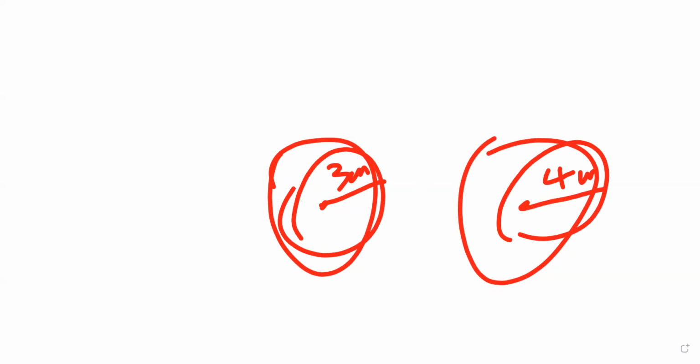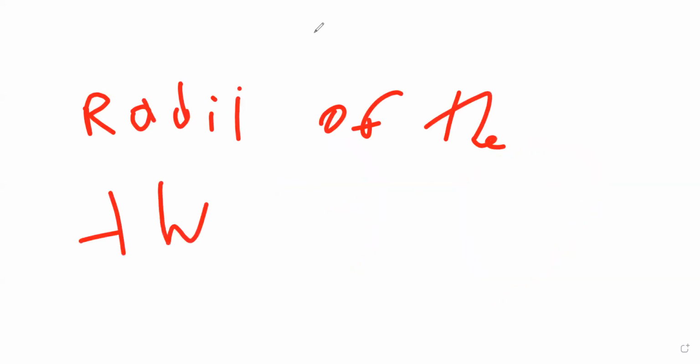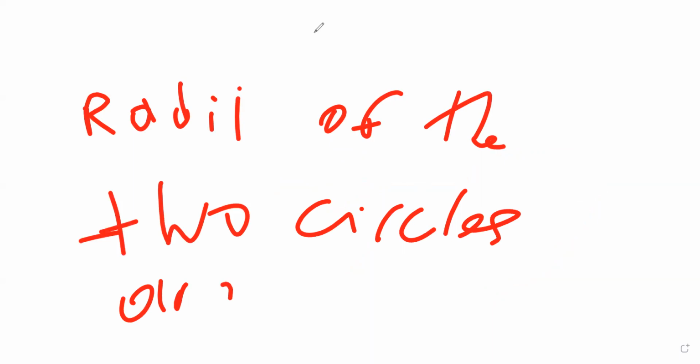So congruent circles are when the radii of the two circles are the same. That's when you know two circles are congruent. And so there you go.